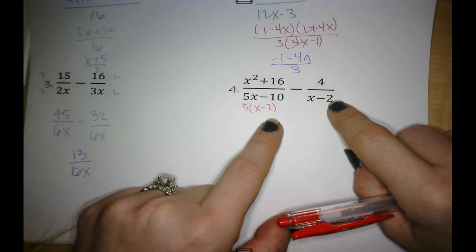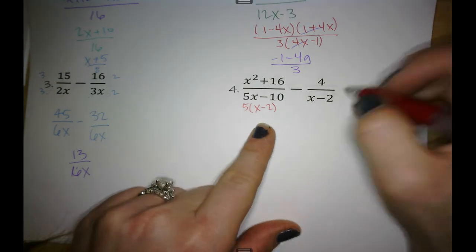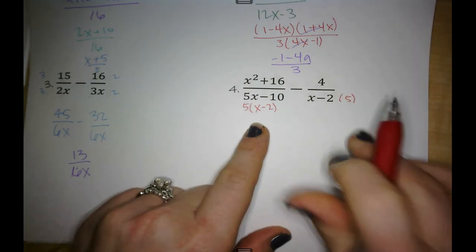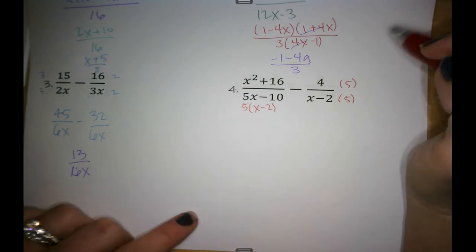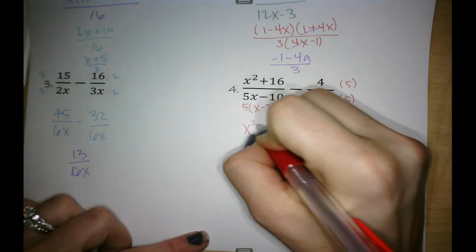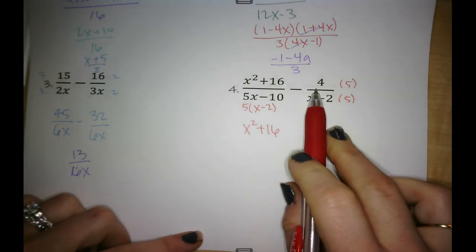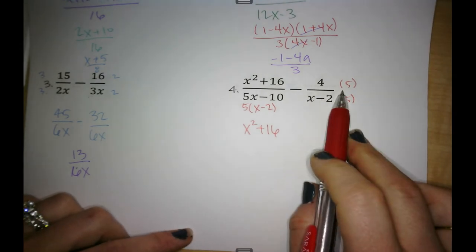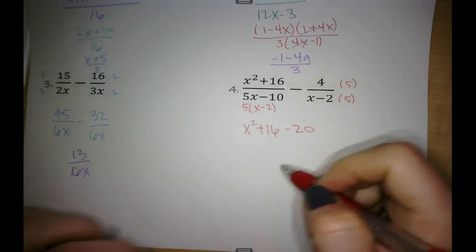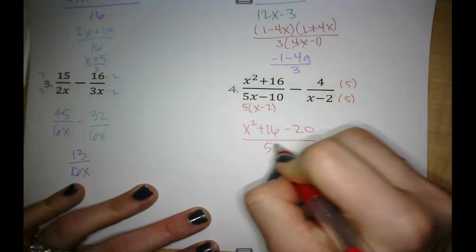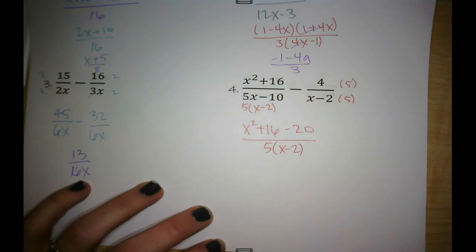So all I need to do is multiply this one by 5, and then they would be the same. So this one's going to stay the same, x squared plus 16. And I'm just going to multiply 4 times 5, so then that's minus 20. And that is over my 5 times x minus 2.